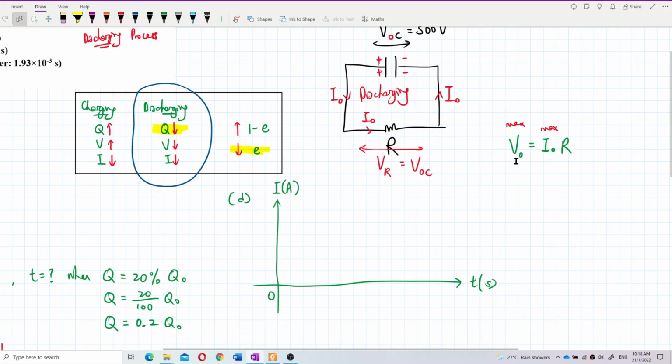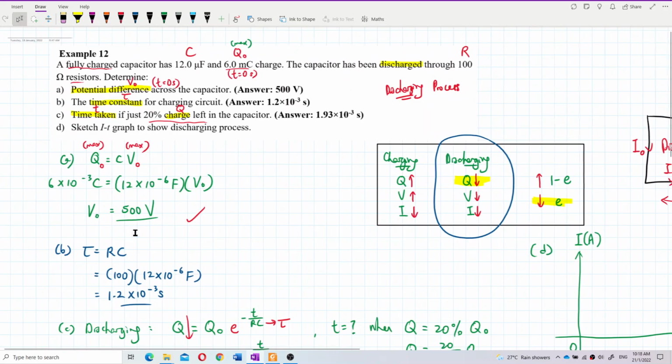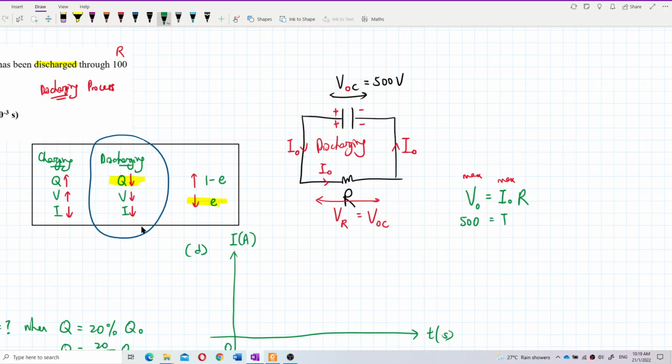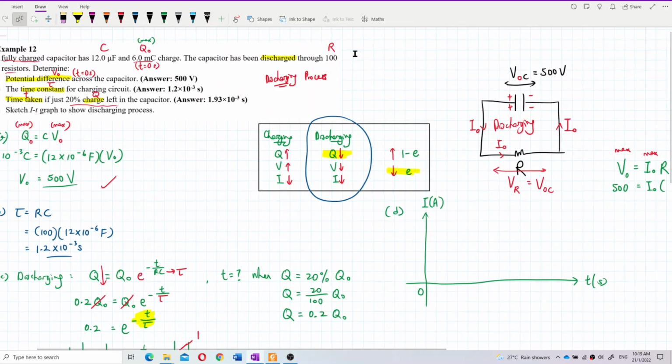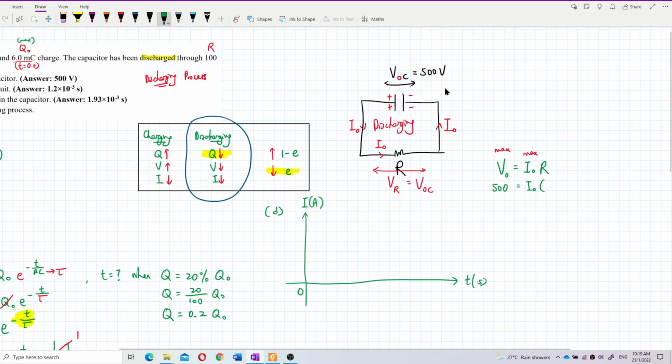My V naught is 500 volt, which I got just now from here. Then I need to find my I naught. The resistor is 100 ohm. So my I naught is 500 divided by 100, and I got 5 ampere. That's my initial current.